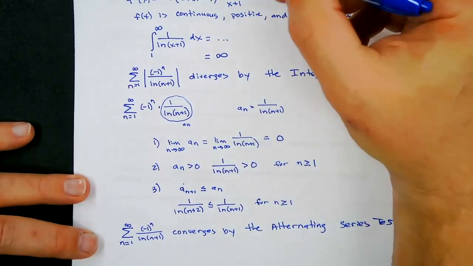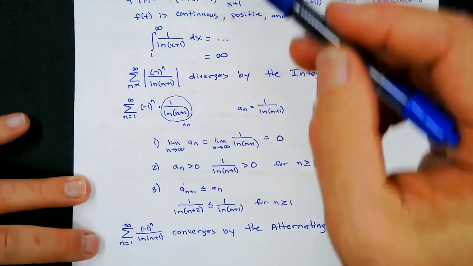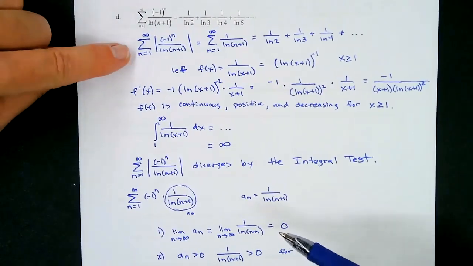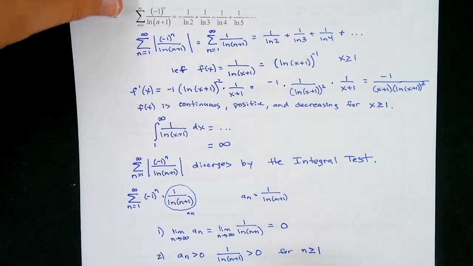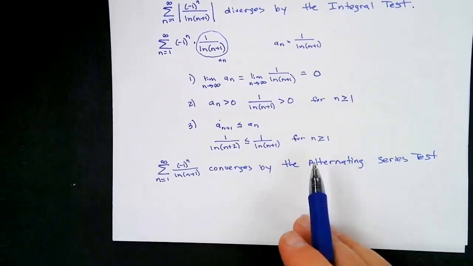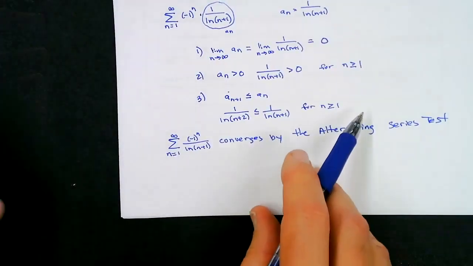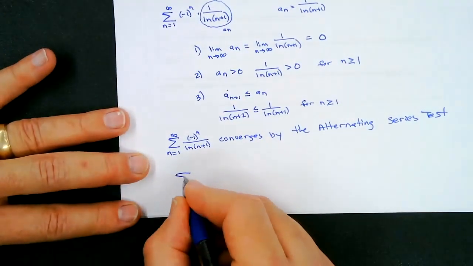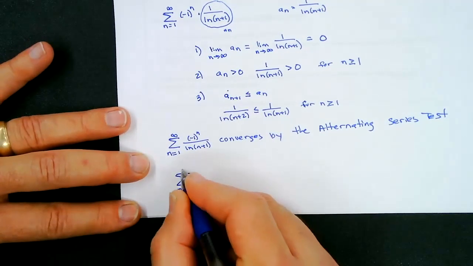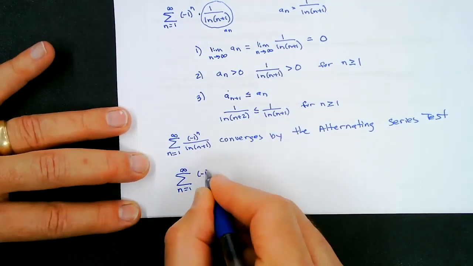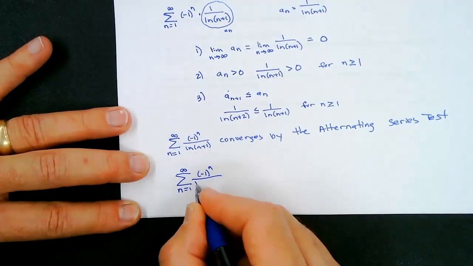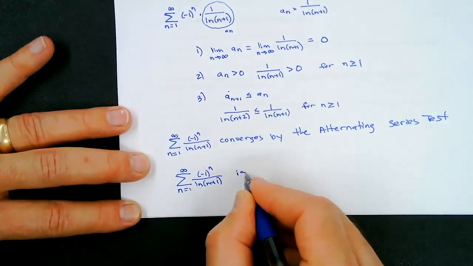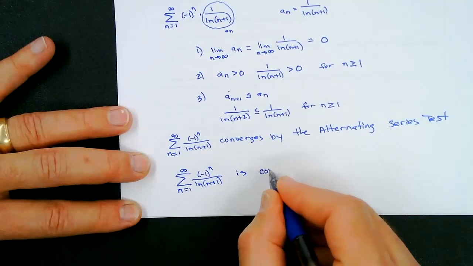The absolute value of a sub n, the first thing we tried up here, didn't work. It diverged. But the actual series converges. So we now know that the series is conditionally convergent. So how we classify this is: the sum from n equals 1 to infinity of negative 1 to the n over ln of n plus 1 is conditionally convergent.